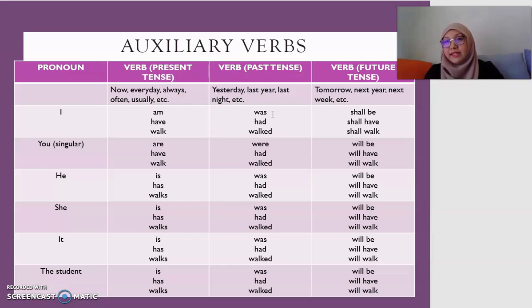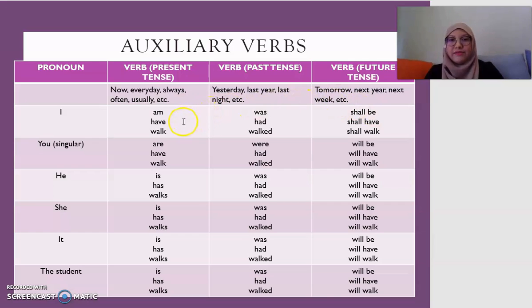I was sleepy yesterday. For future tense, I shall. You can also say will. It's not wrong, but the best way is to say shall, but will is also correct. I shall be in Putrajaya next week. That is in the future.